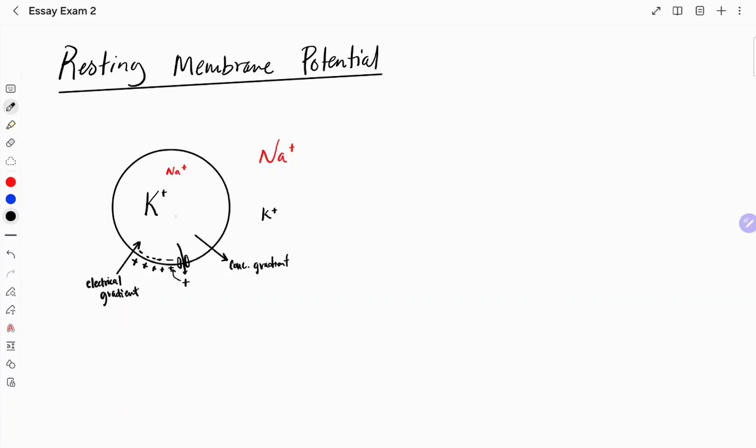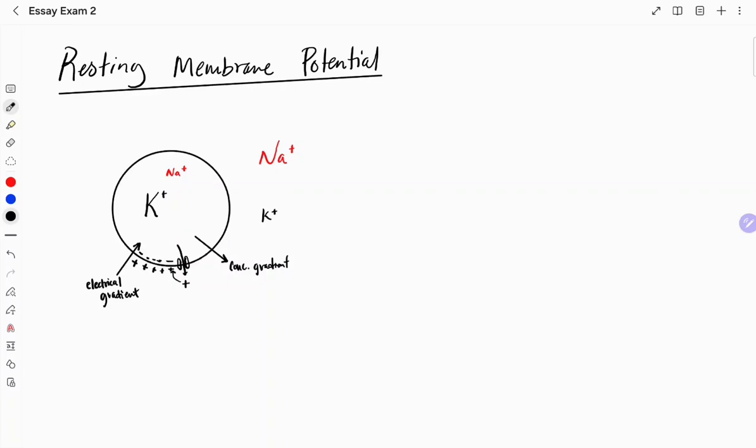Now, the degree to which potassium wants to leave the cell, for example, or re-enter the cell because of the electrical gradient, is what we call the driving force, which is essentially the difference between the equilibrium potential and the actual membrane potential. In other words, it's just the degree to which an ion wants to move in one direction or the other, inside or outside of the cell.